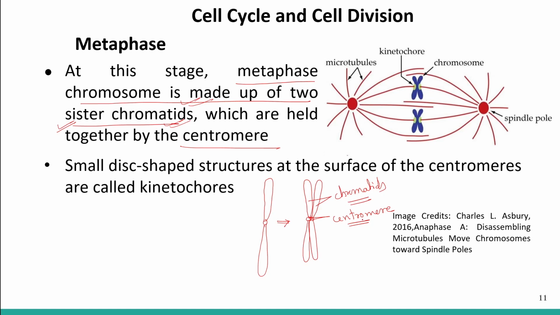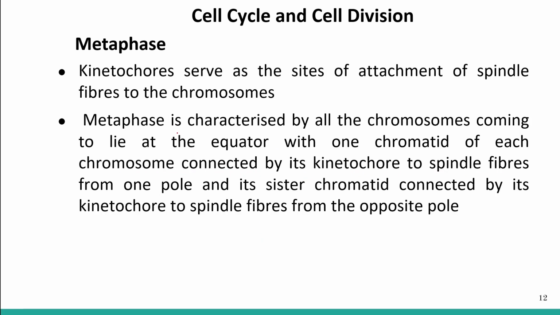Small disc-shaped structures at the surface of the centromeres, called kinetochores, can be seen. Here you can see a disc-shaped structure on both sides, that is called the kinetochore. The kinetochore serves as the site of attachment of the spindle fibers to the chromosome.